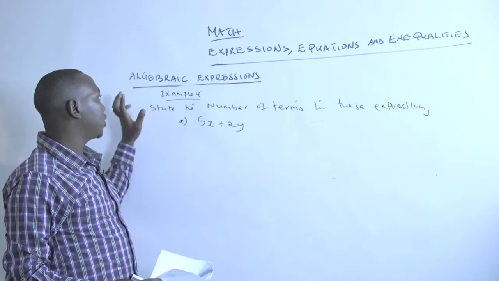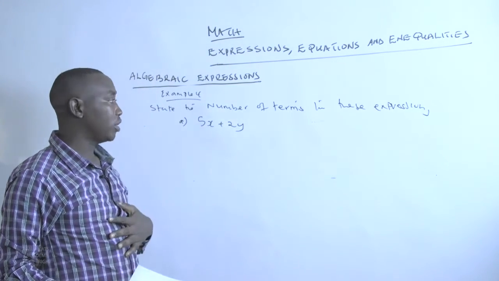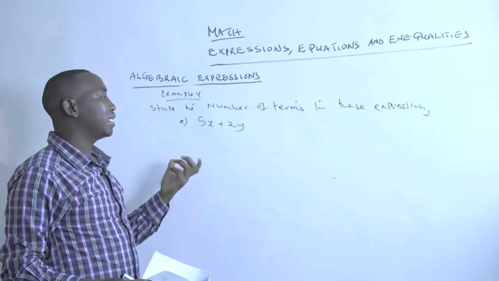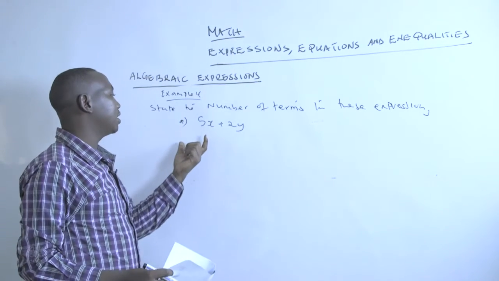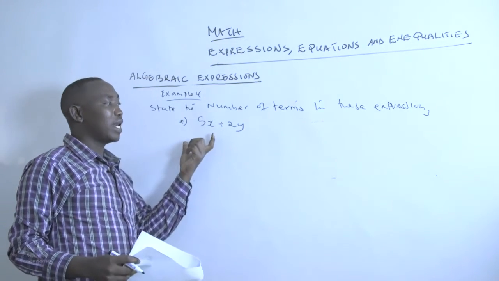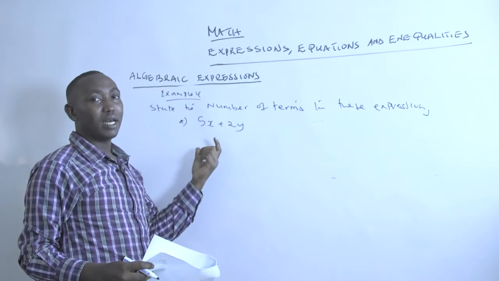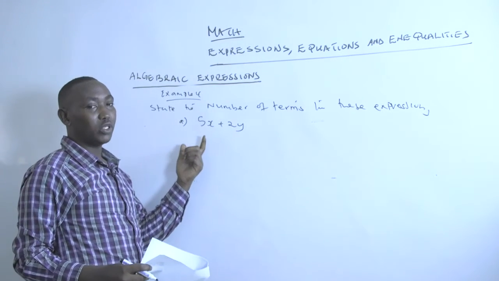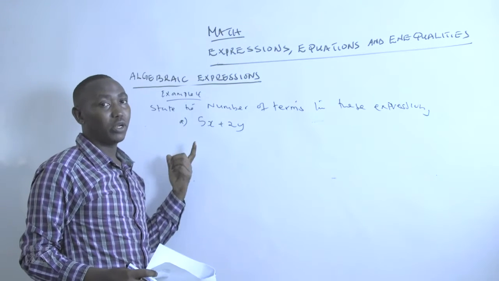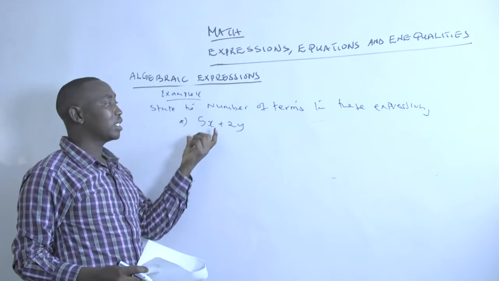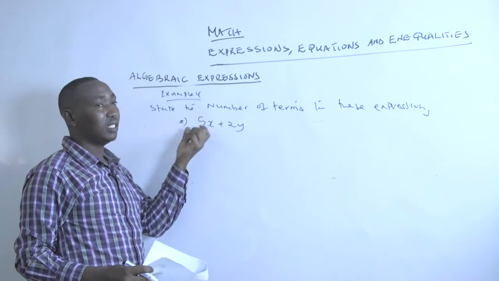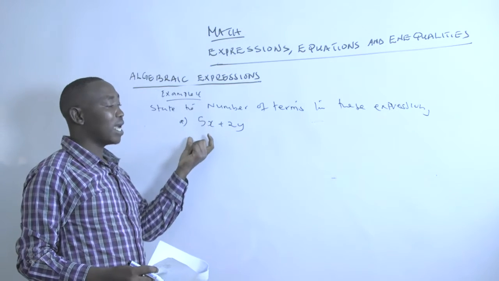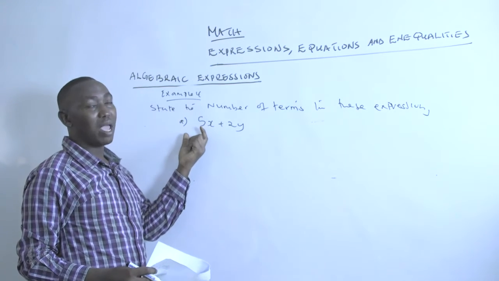In our introduction on algebraic expressions, we said that a term is a single number that has been united or connected by use of either division or multiplication sign. And therefore, in this case, you'll discover that 5x is a single term or is one term because it has been connected by multiplication.